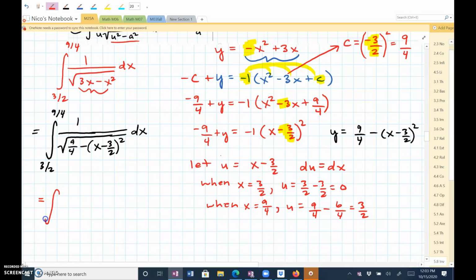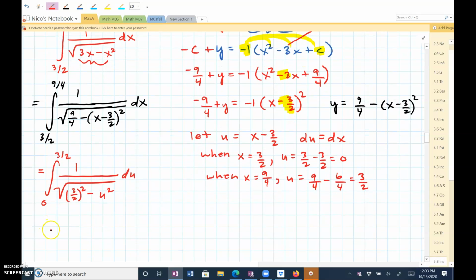So now this thing is going to go from 0 to 3/4, 1 all over the square root of 3/2 squared minus u squared du.